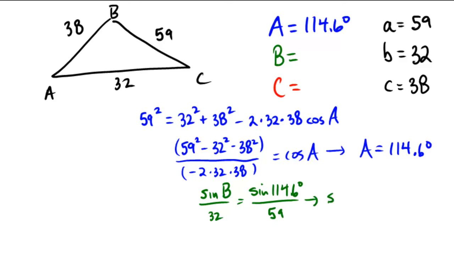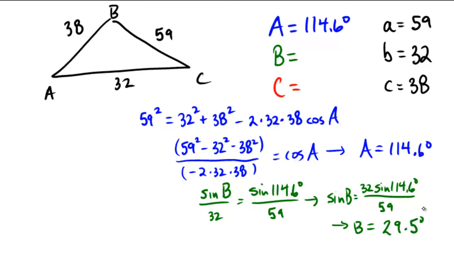So therefore, sine B equals 32 sine 114.6 degrees over 59. Using the calculator again, 32 sine 114.6 over 59 is 0.493. If I inverse sine, I end up getting 29.5 degrees. So 29.5 goes here.